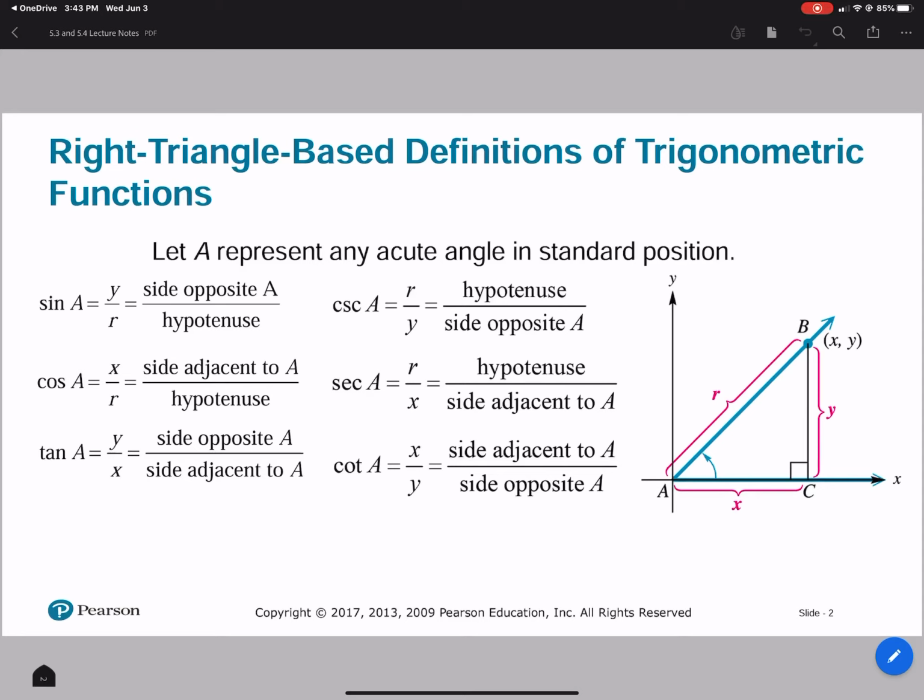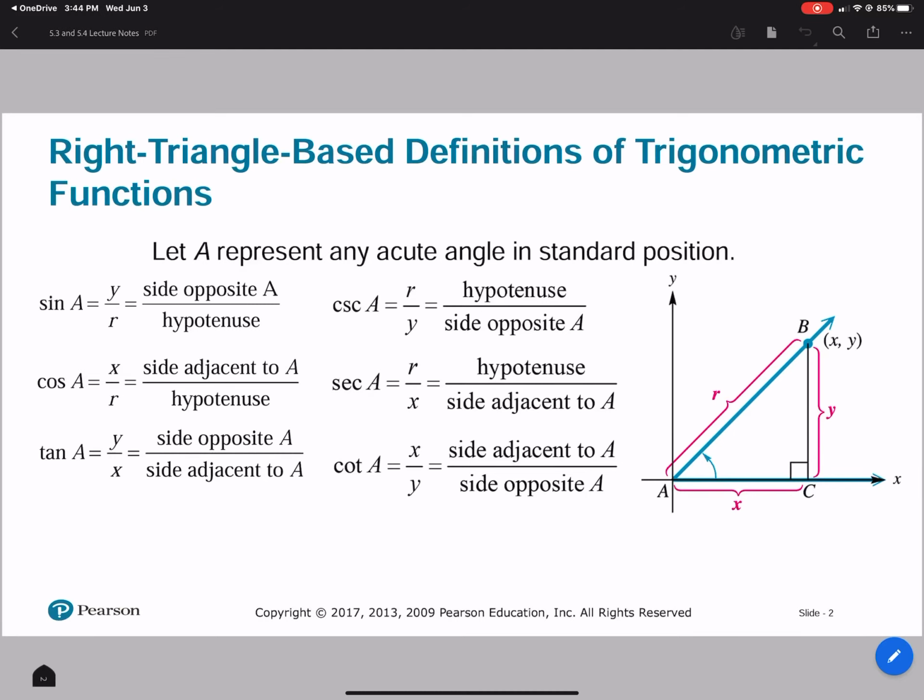Then we have the tangent of A is equal to the opposite over adjacent side. Then we have cosecant is equal to hypotenuse over opposite. Then we have secant is equal to hypotenuse over adjacent. Then we have cotangent is equal to adjacent over opposite.